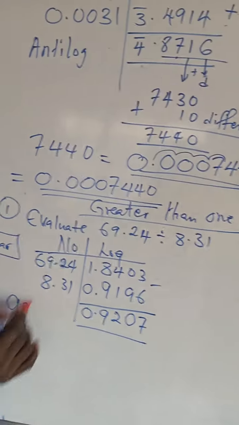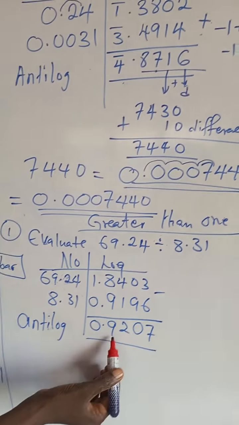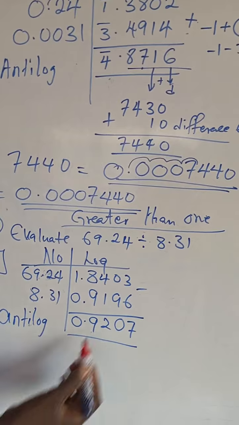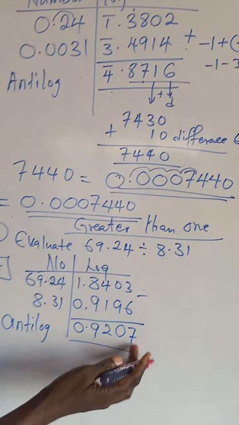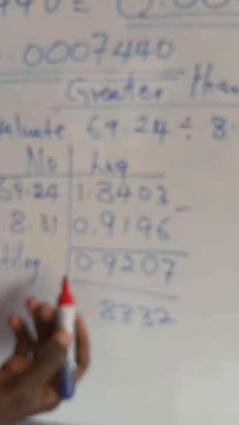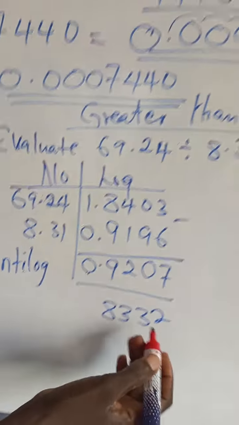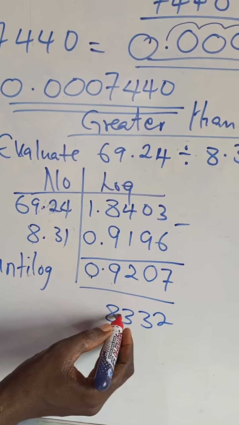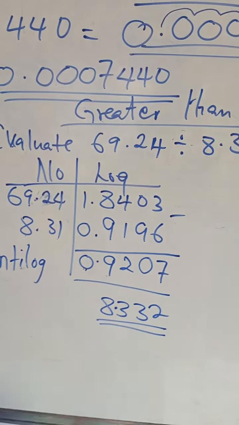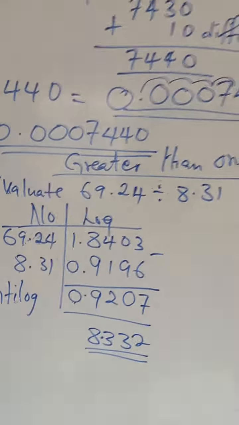Then we look for our anti-log, concentrating on 92 under 0, difference 7: 8332. We want characteristic 0, so we start our point here. This gives us 0 characteristic, and therefore this is our answer.